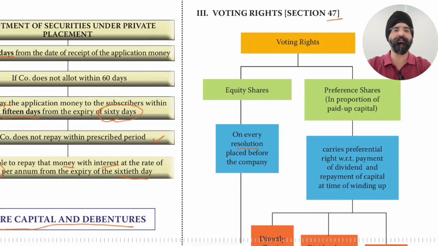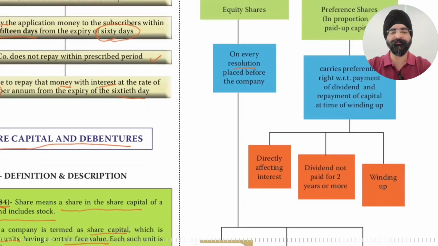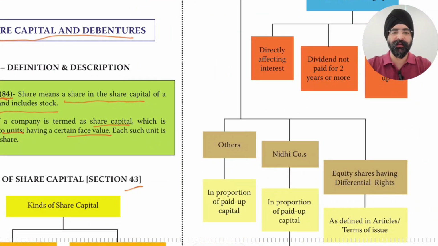We are looking at it from the perspective of Nidhi companies, equity shares having differential rights, and normal cases. Others are normal cases. Normally, equity shares carry voting rights in proportion to paid up capital.